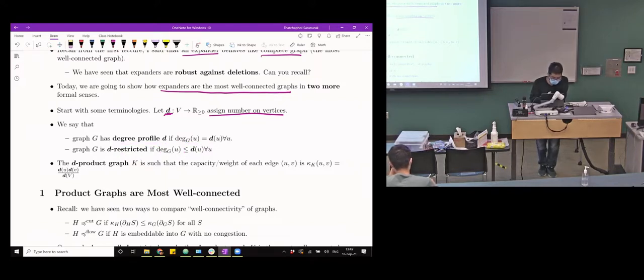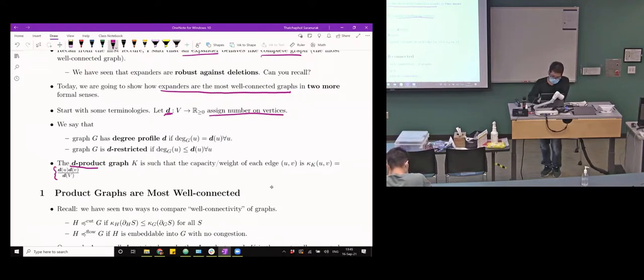The last thing is the D-product graph, the graph where you define the weight on every edge by this factor.